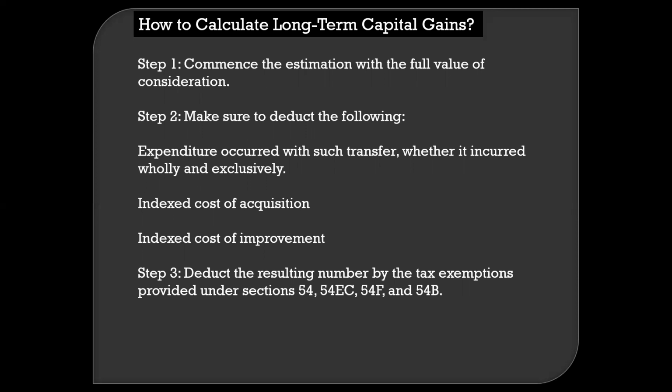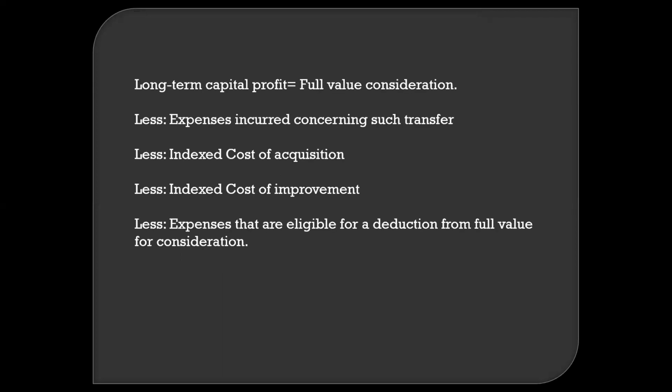So, long-term gain is full value consideration, less expenses incurred exclusively for such transfer, less indexed cost of acquisition, less indexed cost of improvement, and step 3 is to deduct from the resulting number the tax exemptions provided under the following sections. The sections are 54, 54EC, 54F and 54B. So, this is the way that we calculate the long-term capital gains.